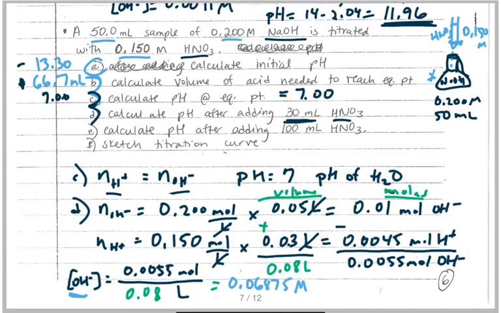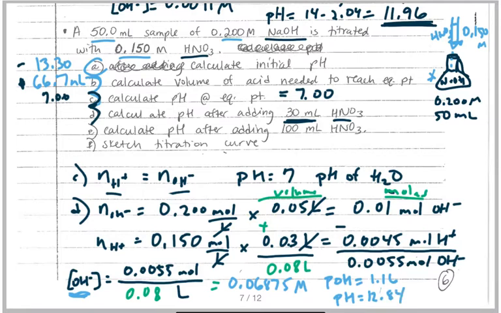So the pH, since this is hydroxide, we're going to find the pOH, take the negative log of that number, and that is 1.16. So the pH is 14 minus 1.16, which is 12.84.